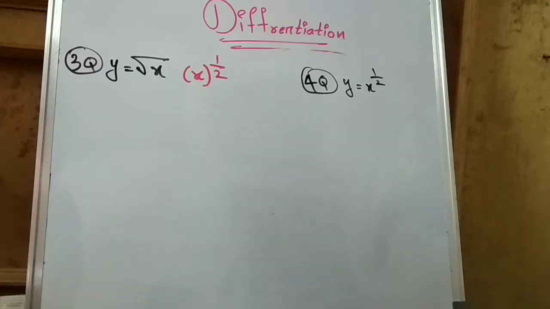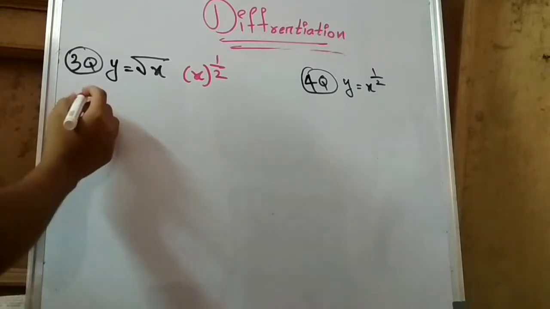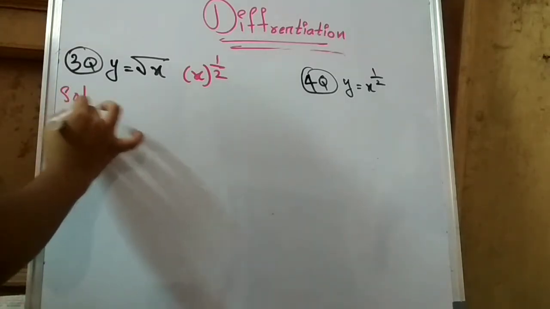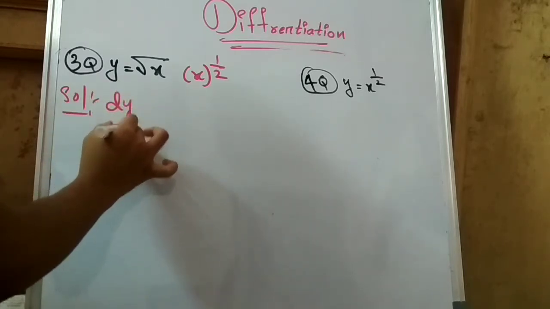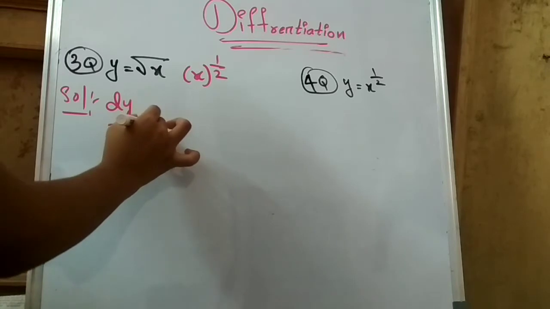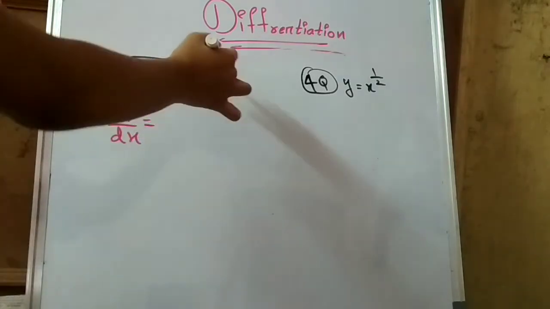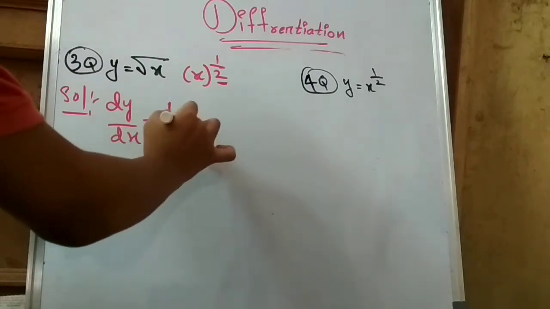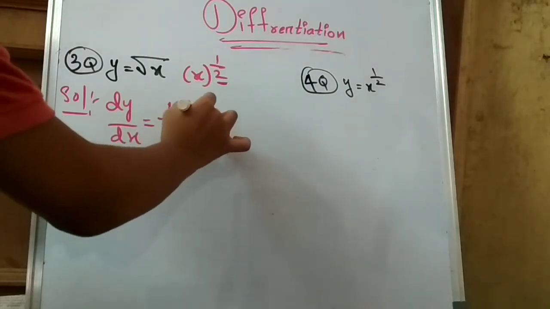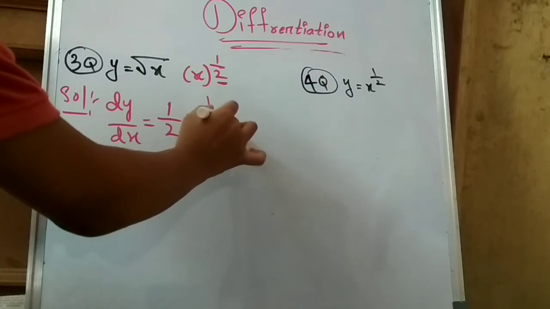Now the solution: dy by dx will be equal to half, because the power is half, times x to the power of half minus 1.